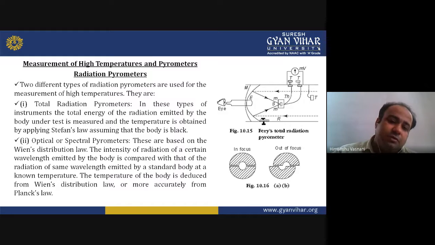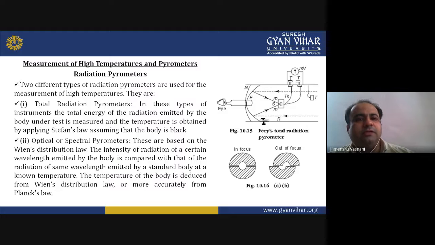So the temperature of the body is deduced from Wien's distribution law, or more accurately from Planck's law. So these are the two types of radiation pyrometers.